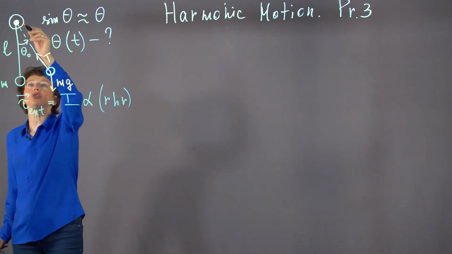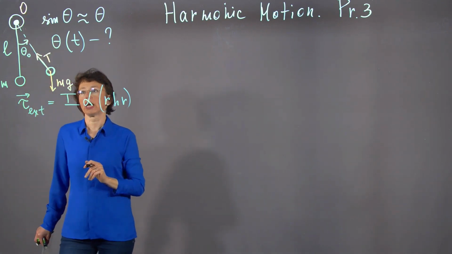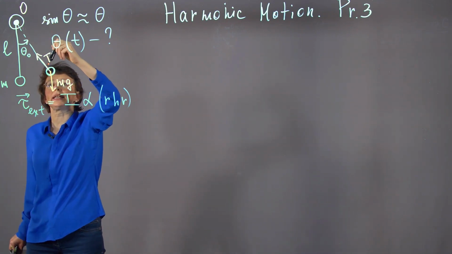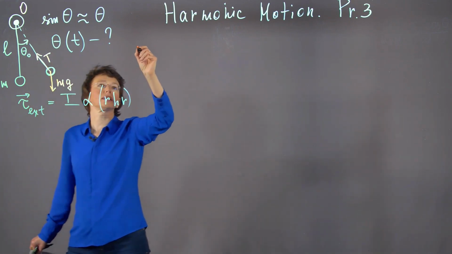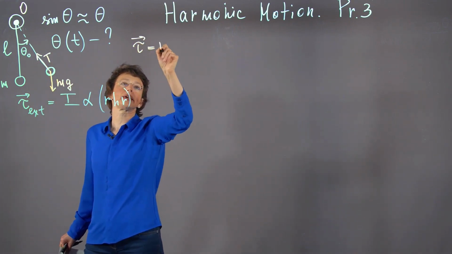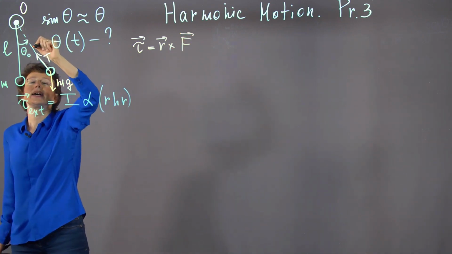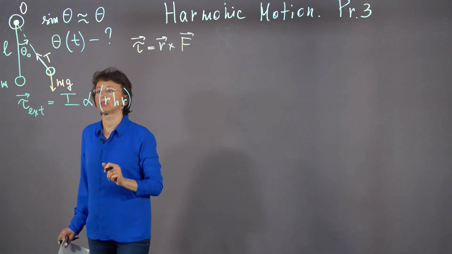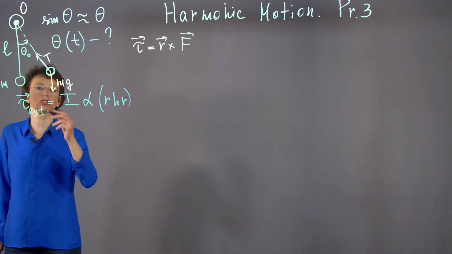I will write torque about this pivot point O. If this is my pivot point, then the torque created by tension is 0, because torque is R cross F. R from the pivot to the point will be parallel, or in this case, anti-parallel to the force. So the torque created by tension is 0.